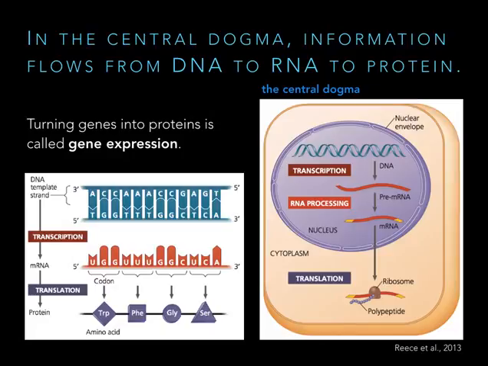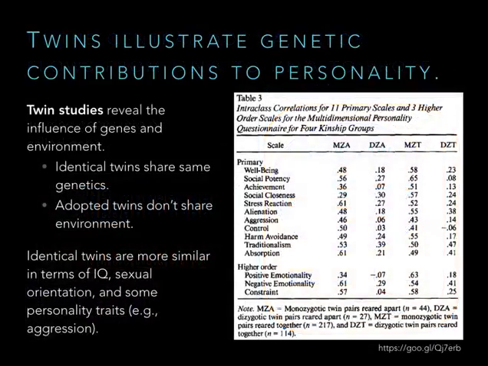We can estimate the genetic contribution to our behavior or any psychological area of interest using twin studies. These can be tough to do because you have to find your twins, and then there are some other criteria to keep in mind.